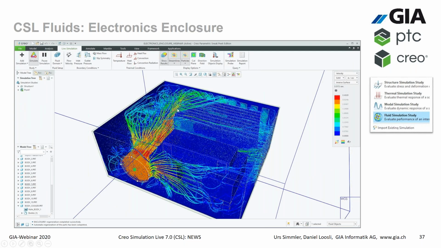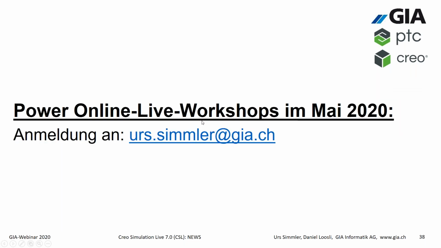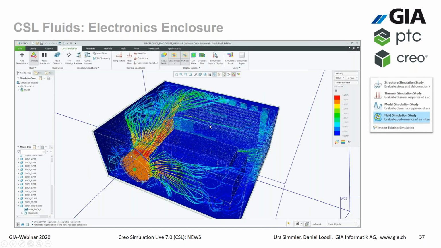And in the last example, we started to analyze the electronic enclosure, and we started to optimize this electronic enclosure. And we saw it's incredibly fast on a normal computer. That brings me to the end of the live presentation.